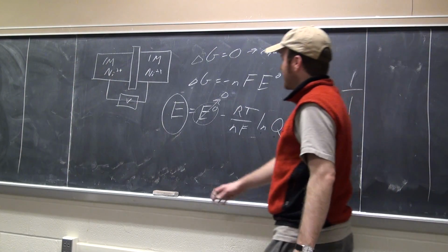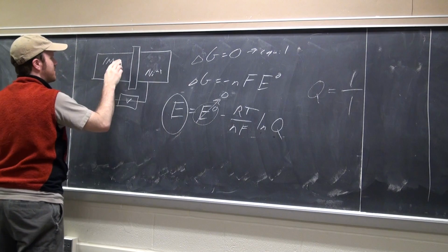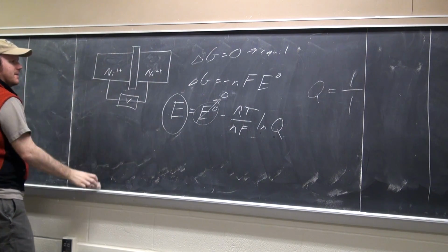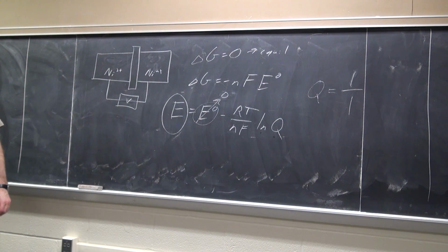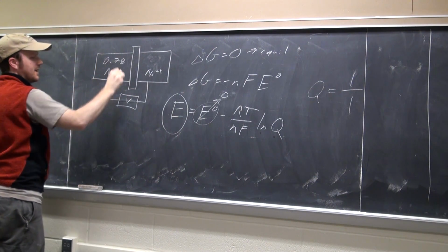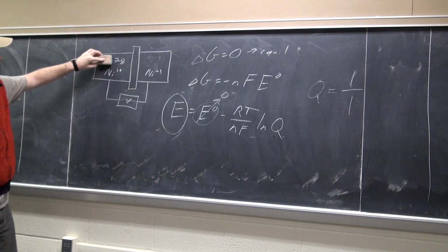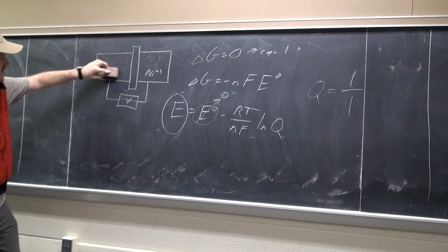Okay, now given all that stuff, what were the concentrations in problem number 3? What's that? 0.78 and? Maybe not. Oh. No, that's wrong. Yeah, it's zinc first off. Oh, sorry. Okay.